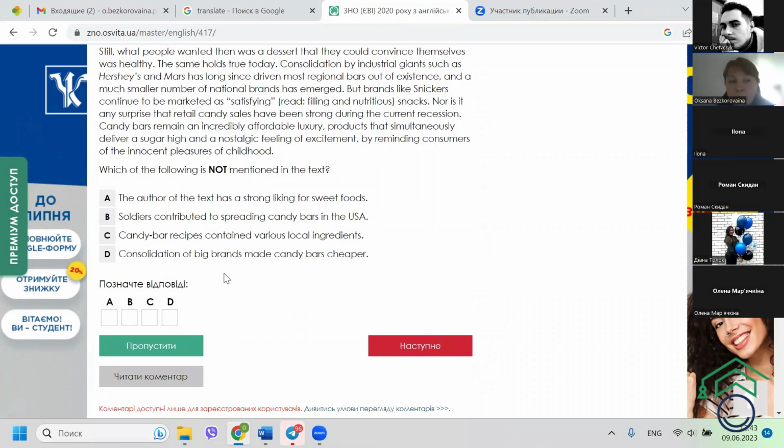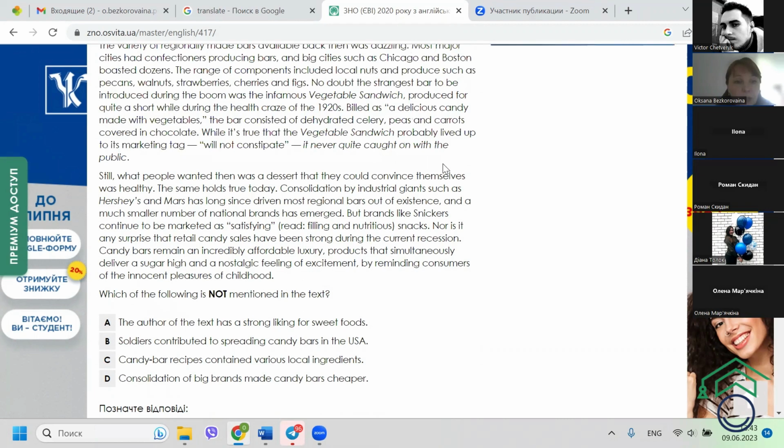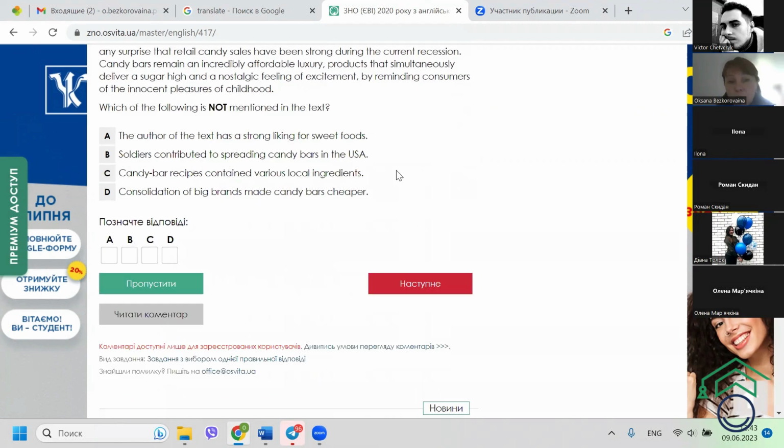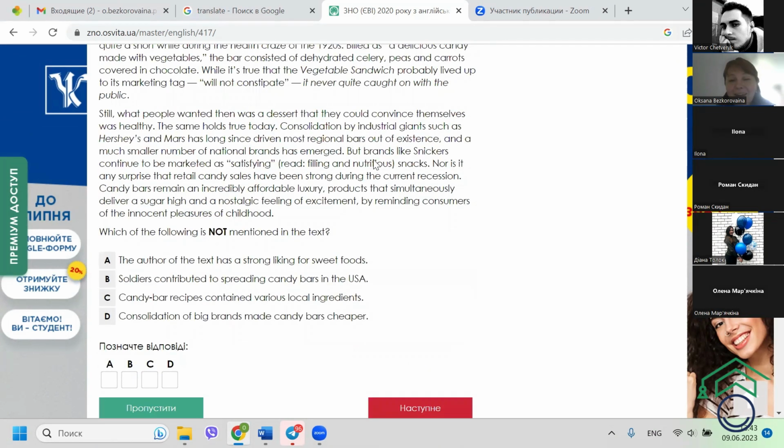Наступне також було про солдатів і про батончики. Так, було. Про Першу світову там вже казали, що солдати любили. Правильно, і потім вони прийшли додому і розповсюдили. Це точно було. Далі. Candy bar recipes contain... Не маємо ми поки. Ну, може воно є далі. Це відноситься до всього тексту.